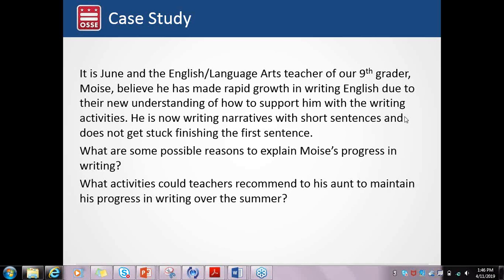And yes, that's an interesting suggestion, to recommend to his aunt to let him go to the library and pick up some books to read so that he can see models of writing in English or even in Spanish. As long as he's exposed to text that he can comprehend to some degree, he will benefit from even reading in Spanish if he can read in Spanish.